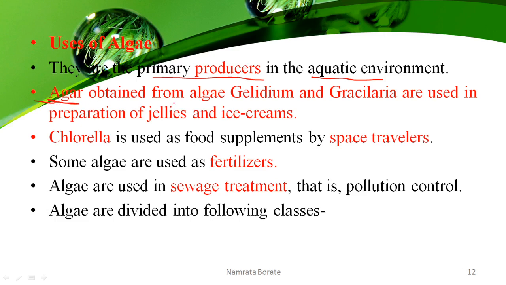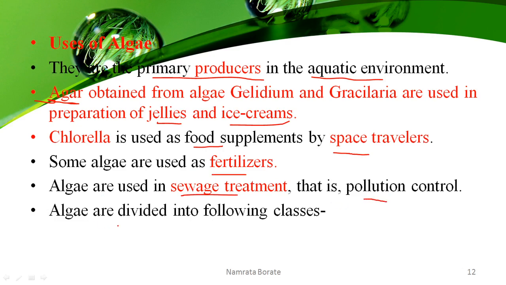Agar is obtained from the algae Gelidium and Gracilaria, which are used in the preparation of jellies and ice cream, as well as to solidify the medium. Chlorella is used as a food supplement by space travelers. Some algae are used as fertilizer. Algae are used in sewage treatment, that is, pollution control.